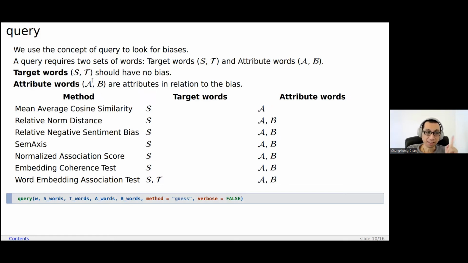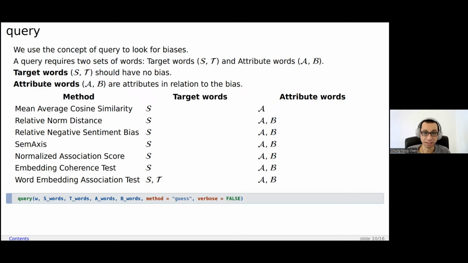But there's one very important thing, which is that the target words should have no bias. If you're talking about gender biases in occupations, then occupation words should have no bias. But the attribute words should have some meanings which are related to your bias.